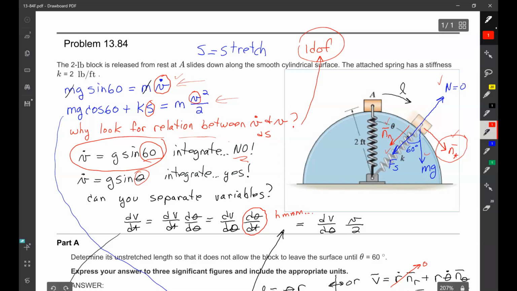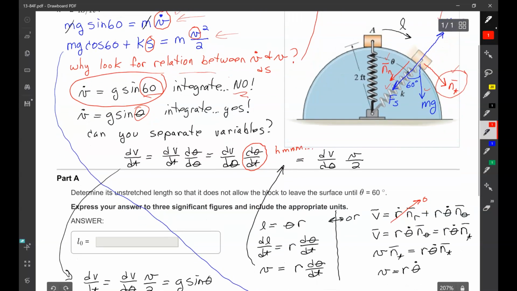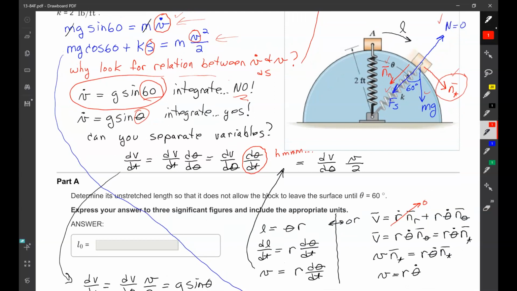Okay, so here's what I'm going to do. I'm looking for a way of separating the variables. I've got v dot and theta. So I start with this one, dv dt, that's v dot. And that equals, I'm going to multiply by 1. The reason I use d theta is because I've got theta over here. I want to use thetas and v's.